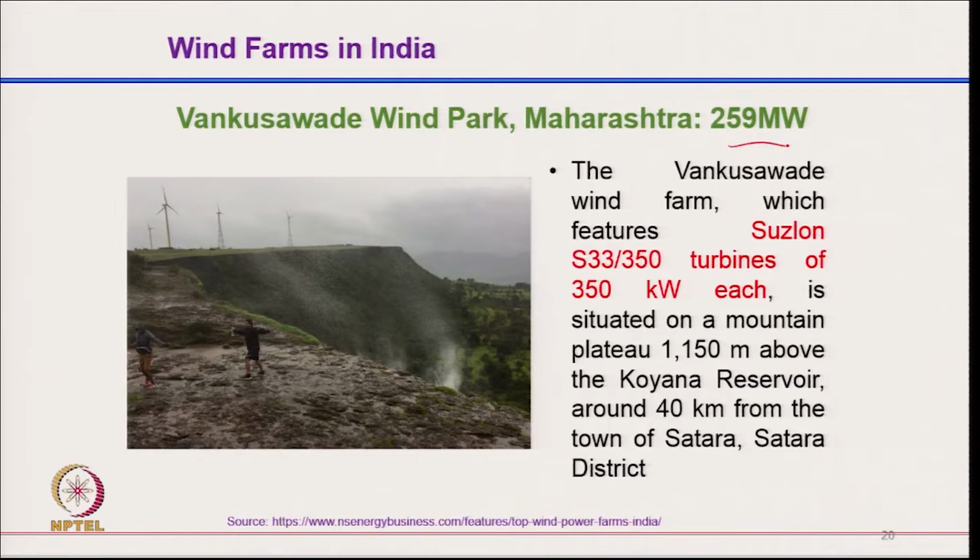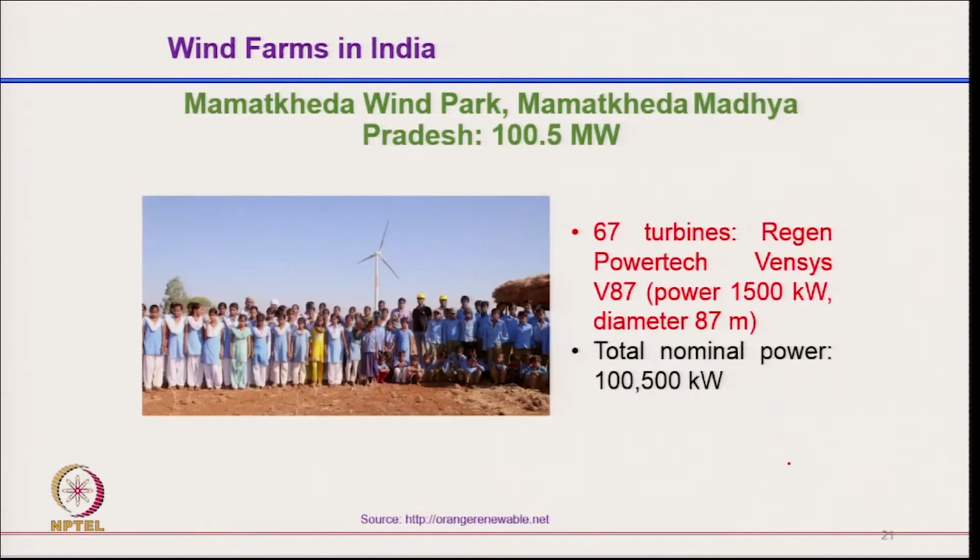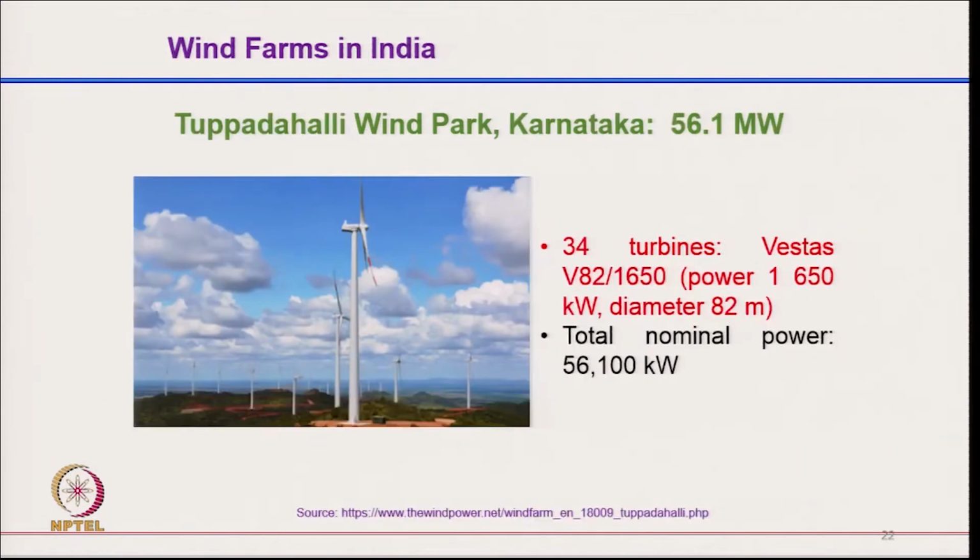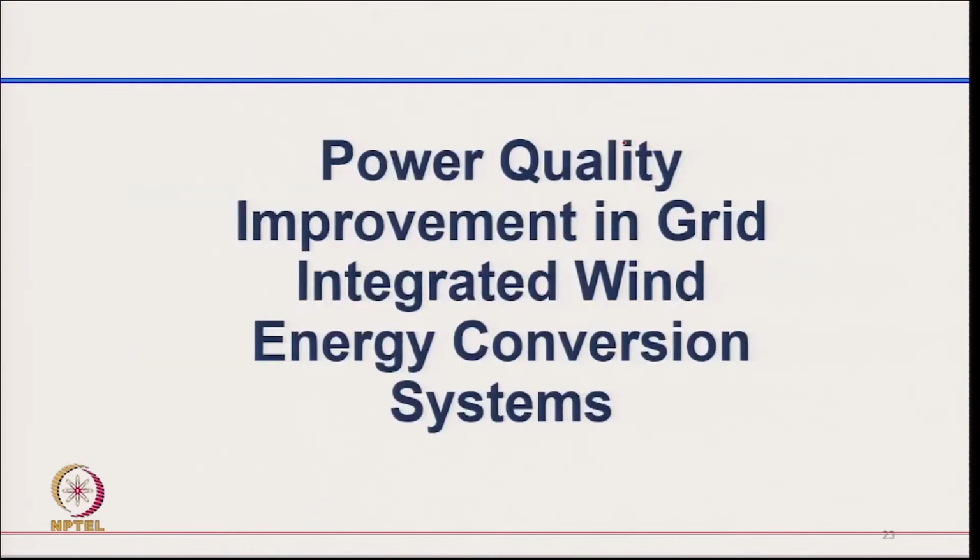Another plant is 259 megawatt with Suzlon in different areas, and 100.5 megawatt in Madhya Pradesh with Vestas turbines of 1500 kilowatt, diameter 87 or so. Then there is 56.1 megawatt in Karnataka. We are talking about different states.